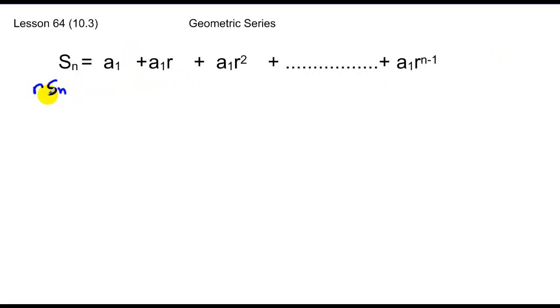So it turns out that when he distributed r through, this first term became the second term. This second term became the third term, and so on and so forth, until he did the multiplication on the last term, and when he multiplied this last term by r, we remember we add the powers, so that was a sub 1 times r to the n.